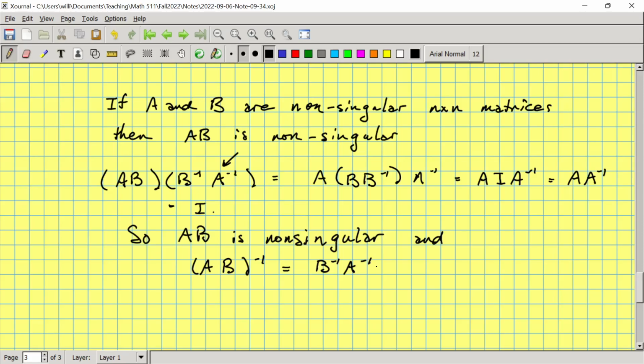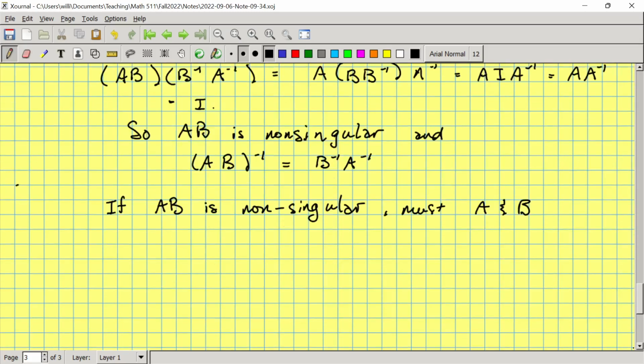What we have to be careful about is I can't go the other direction. If A times B is non-singular, must A and B be non-singular? Not necessarily. The answer is not necessarily.